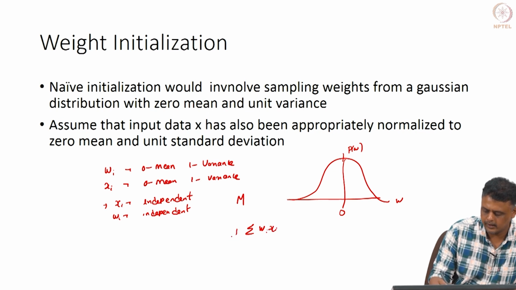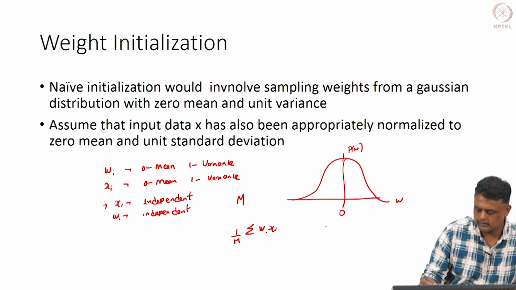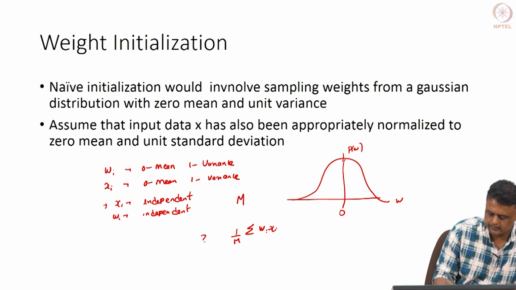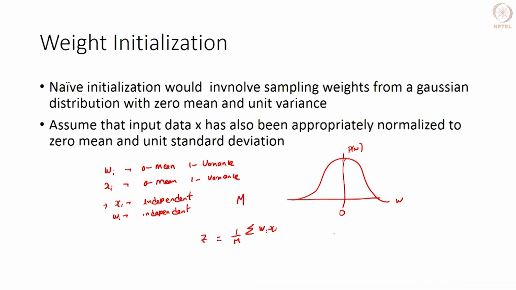Let us call this z, and we will ignore the bias W0. So, that is W1 x1 plus W2 x2 plus so on and so forth plus Wm xm. Here m is the number of features, since we are talking about the first layer.